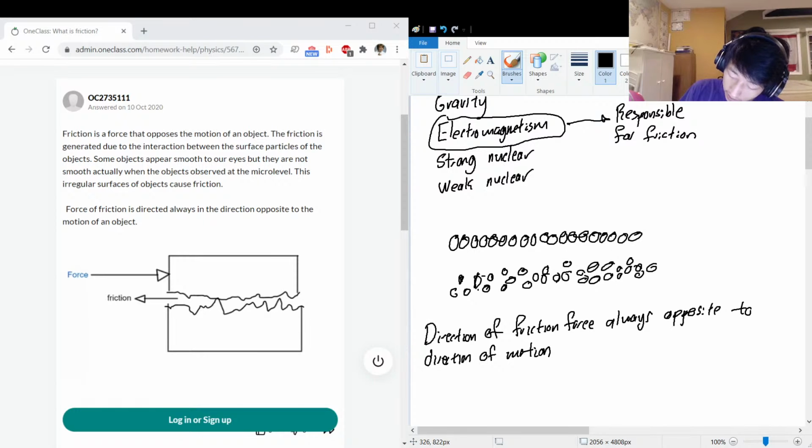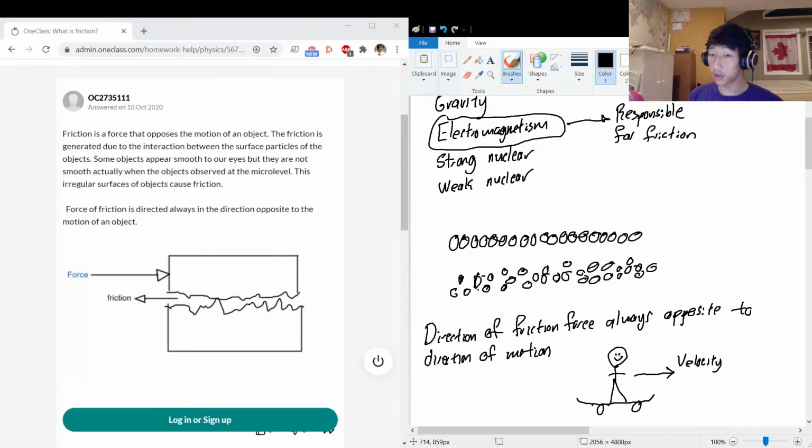So let's say we have a skateboard, and a happy person on the skateboard. If their velocity is going forward, the frictional force that the wheels of the skateboard make with the ground, or the inside of the wheel and the friction it makes with the axle, is going to cause a net friction force to go backwards.